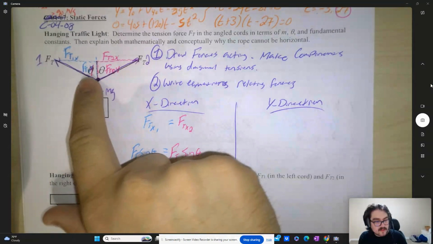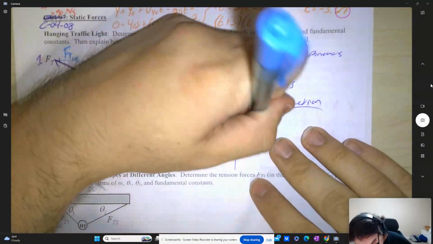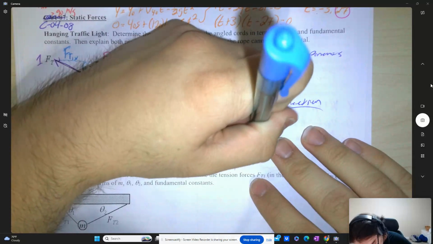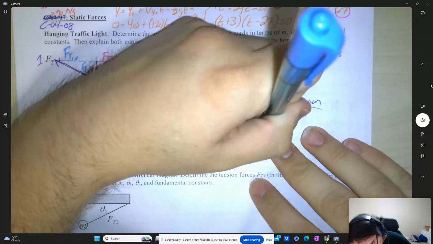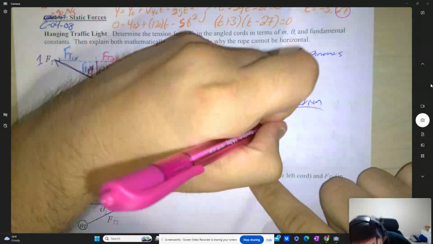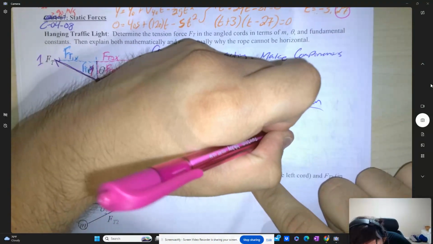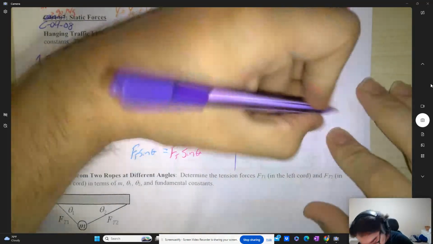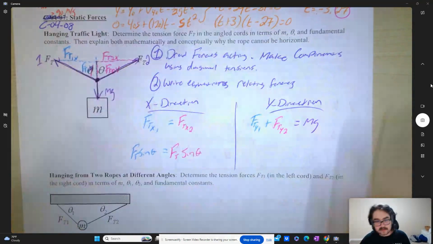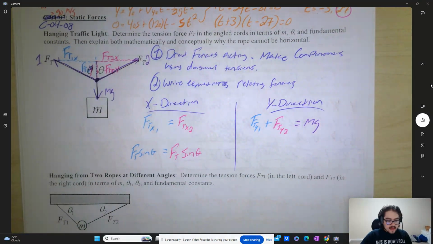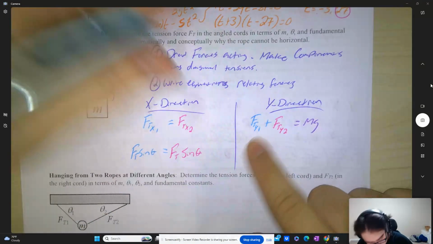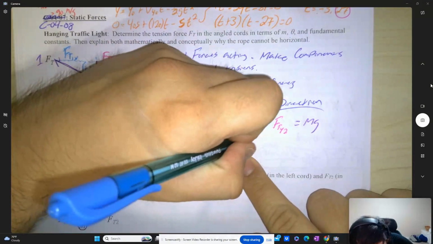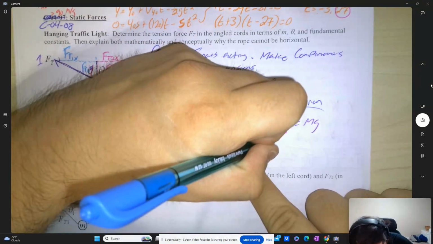So what's going up? We've got FTy1 plus FTy2, and we can set that whole thing equal to mg. And this is saying the y component is FT cosine theta.